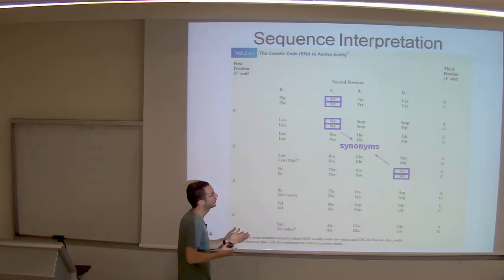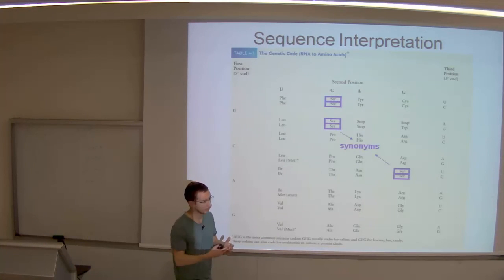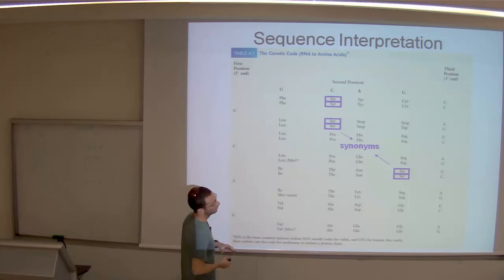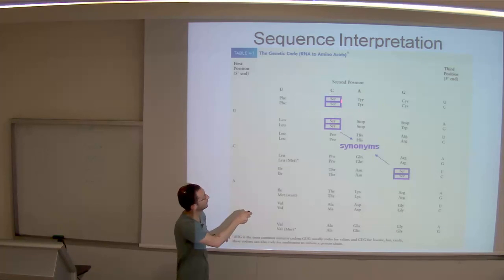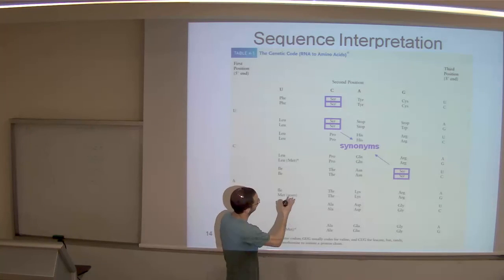So this is the degeneration of the genetic code, and that's the reason why we can't take an amino acid sequence and decode it back again to nucleotides. And different codons that code for the same amino acid, these four for instance for serine, are called synonyms because they're like words that have the same meaning. So the word is the three-letter codon, and the meaning is the amino acid, and they have the same meaning, so we call them synonyms.